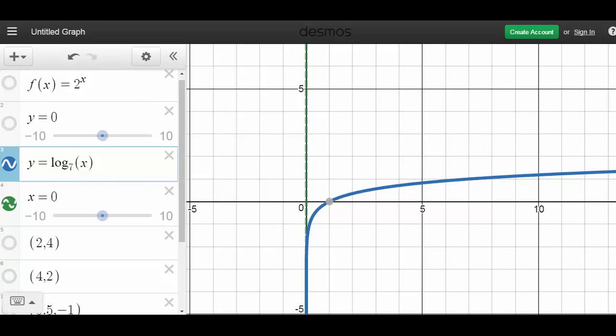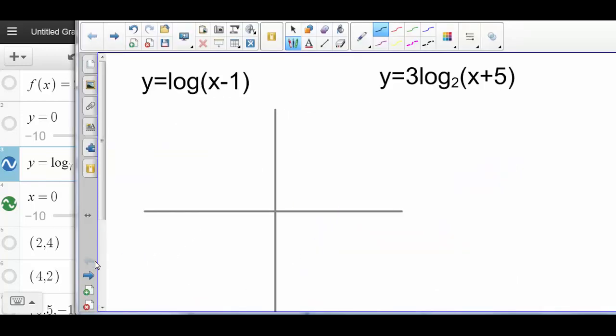So the question then is, how does that help us with transformations? If I look at a little example here, the base log function, when we don't have a base indicated, is indicating that we've got a base of 10 by default. And so what we know is that our logarithm in its normal form, the log x specifically, will have an asymptote first of all here to begin, and it will have two key points.